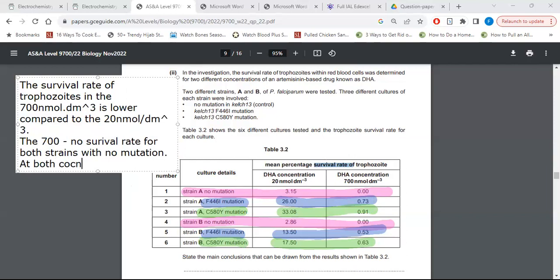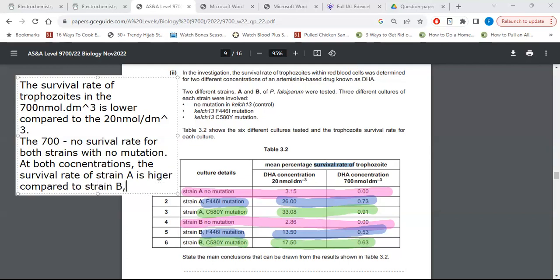At both concentrations, the survival rate of strain A is higher compared to strain B, regardless of the presence of mutations. Regardless of whether mutation is present or not, the survival rate of strain A is going to be higher than strain B, right?